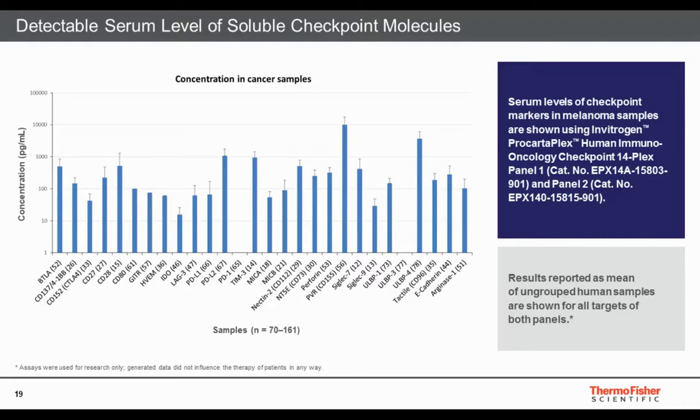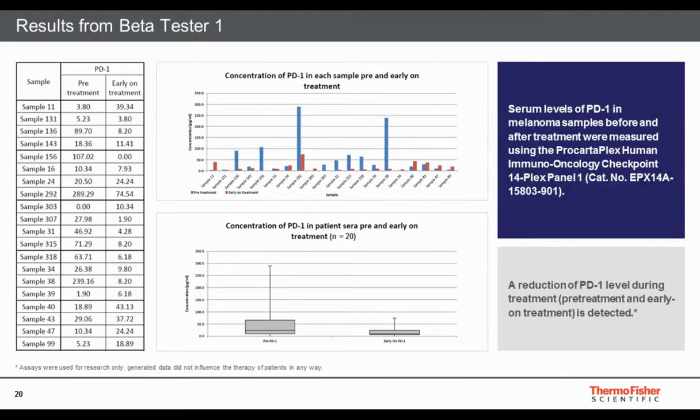The data show results reported as a mean of ungrouped human samples for all targets included in our 2 immuno-oncology checkpoint panels, panel 1 and panel 2. So we have divided these 28 different checkpoint molecules into 2 panels, but these 2 panels can also be measured together, so you can detect all 28 analytes in one sample.